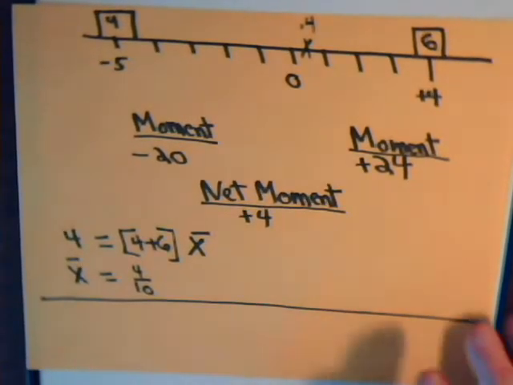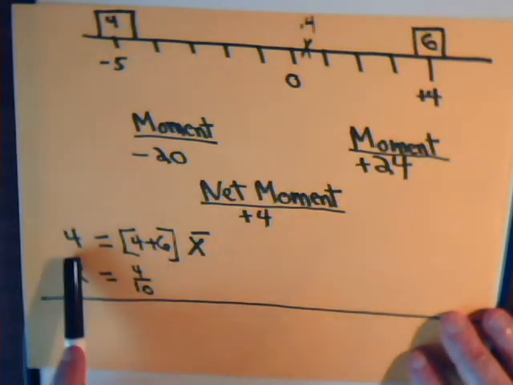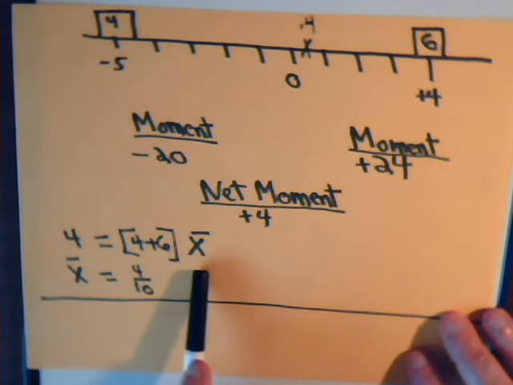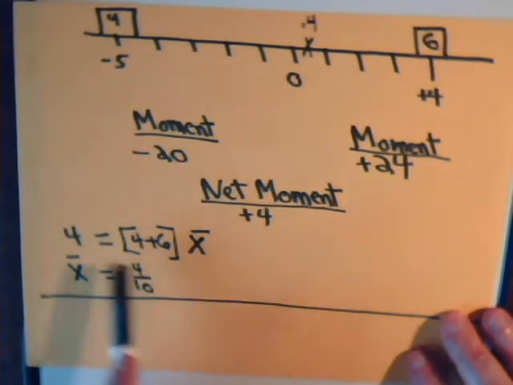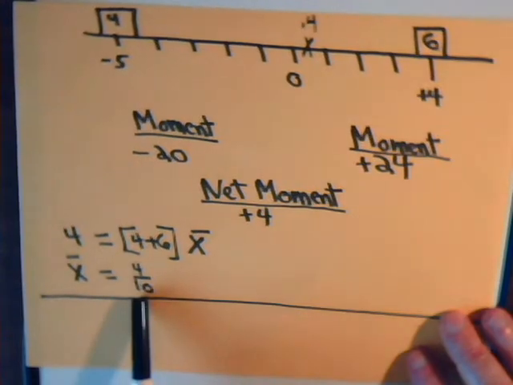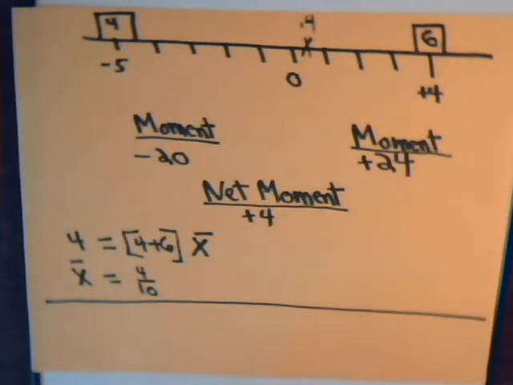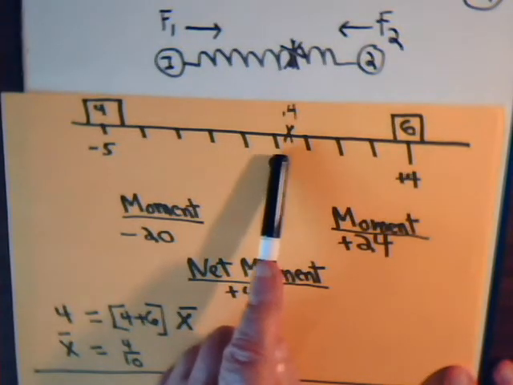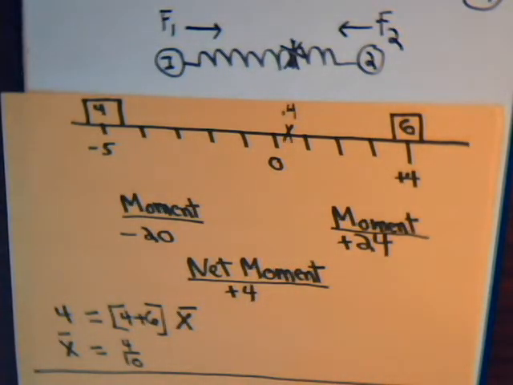The net moment is 4, and that's equal to the total mass times this distance from the origin, x bar. Clearly x bar is going to equal 4 divided by 10. So the center of mass is right here at plus 4/10.